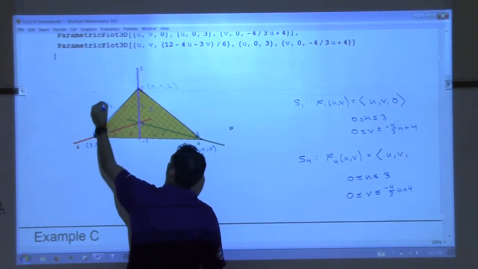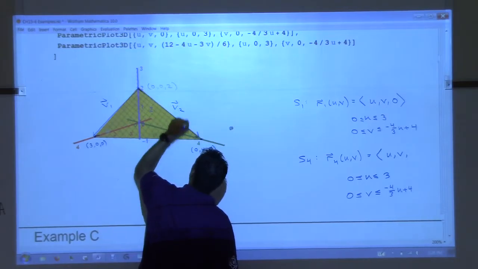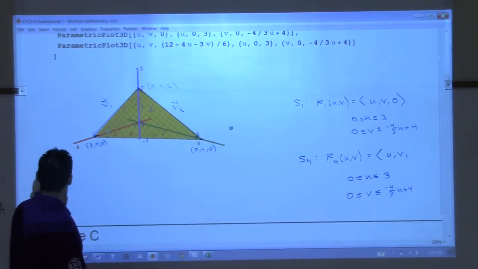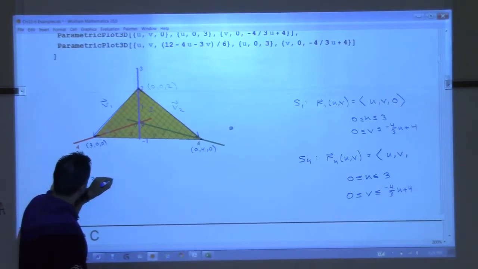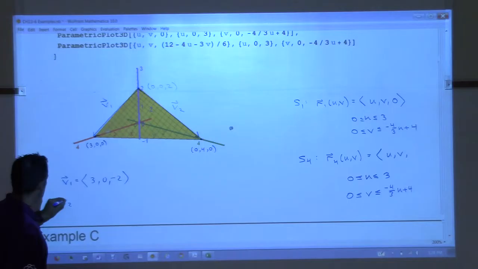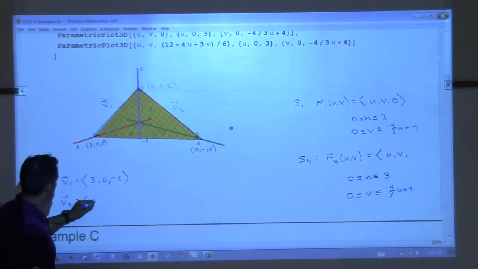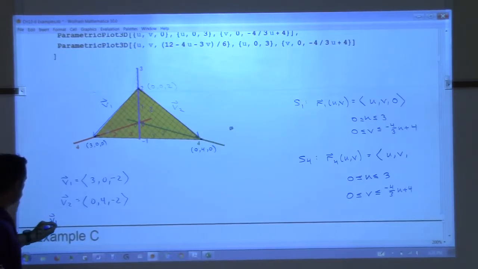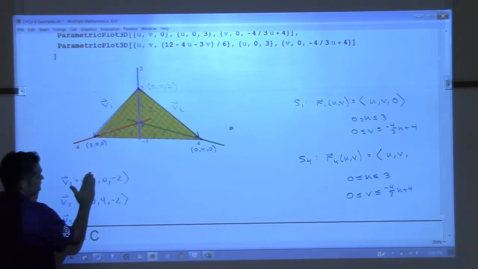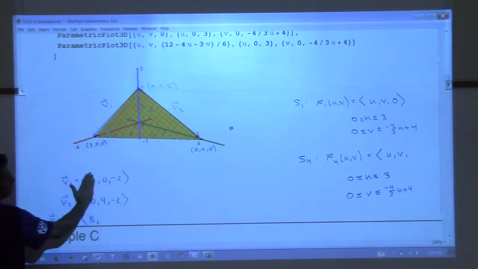So I'll call this v1. I'll call this v2. All right, so the vector v1 is the vector 3, 0, negative 2. And my vector v2 is the vector 0, 4, negative 2. And when I cross these two, I get, what, 8, right? 0, minus, minus, so, no, wait, why did I minus that twice?